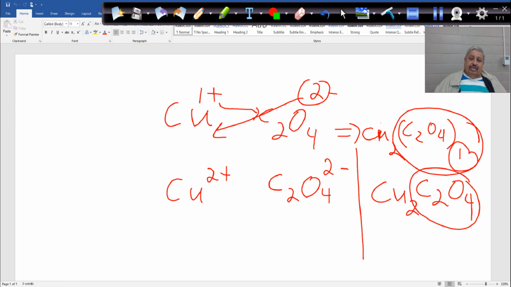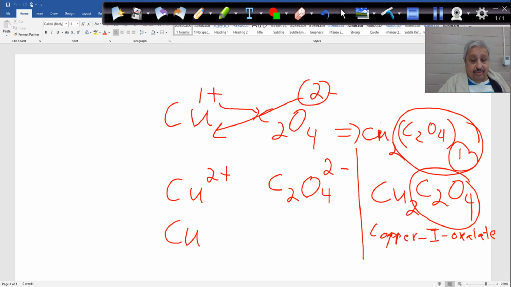But we save ourselves the parentheses and the subscript 1. Understood, not written. And the name of it will be copper 1 oxalate. Copper 1 oxalate.